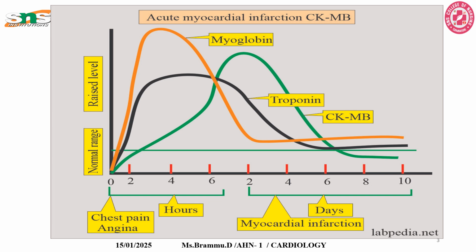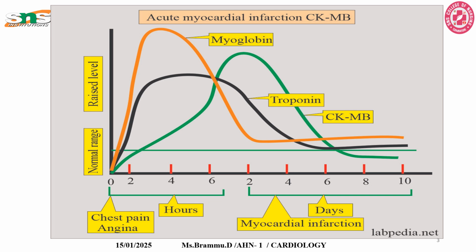And next you have CPKMB, or creatine kinase, which is shown in the green bar, which starts at 0 hour, and it does not go to the peak immediately. It goes to the peak by day 2.